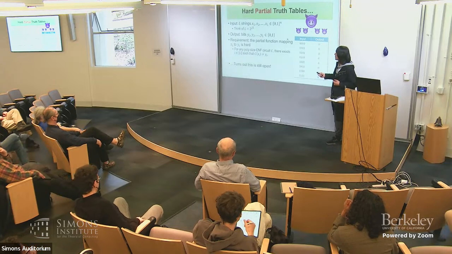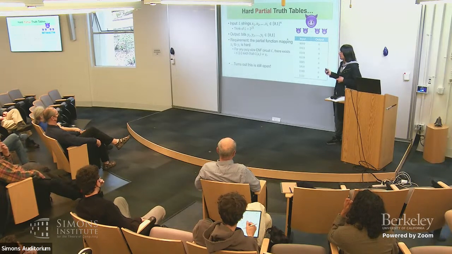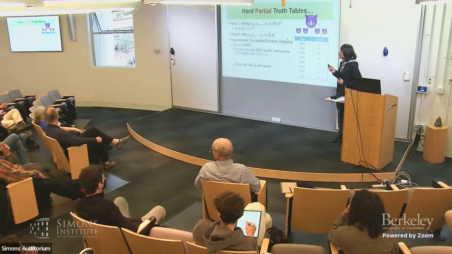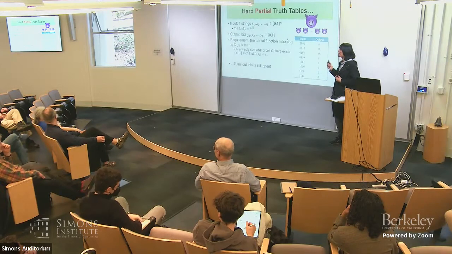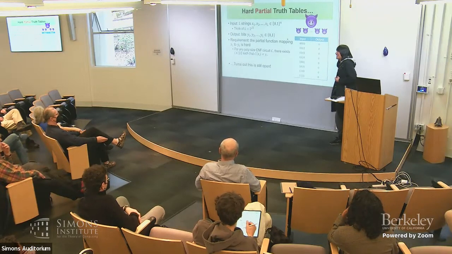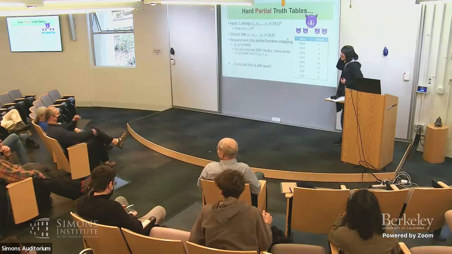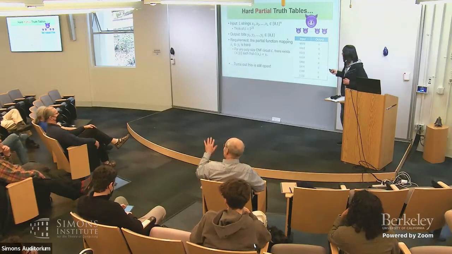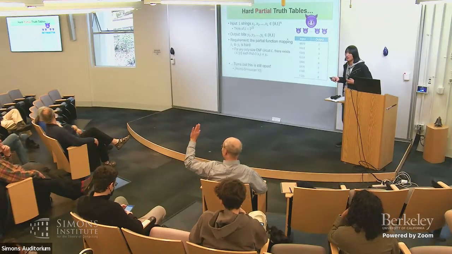Like L is 2 to the square root n, but the size parameter is only poly n. If this is the case, then you can prove there always exists a solution, because there are 2 to the L possible functions. Right. Oh, you are spoiling my slides. Yes, that's why I interrupted this.